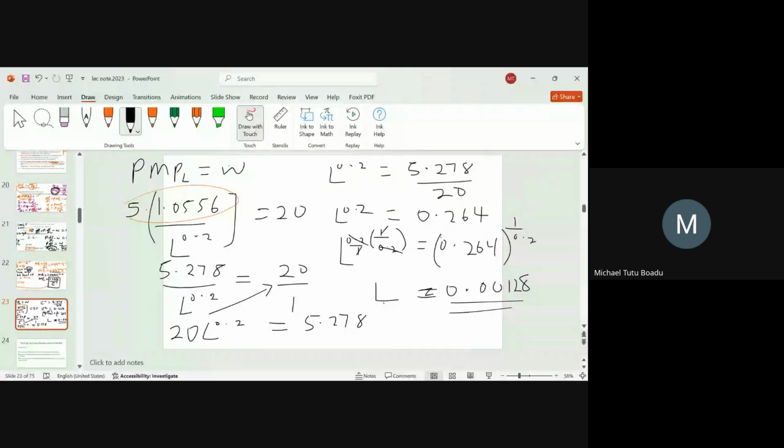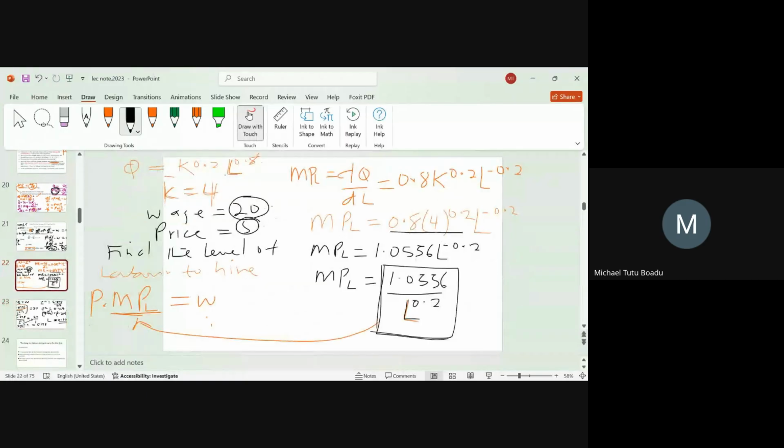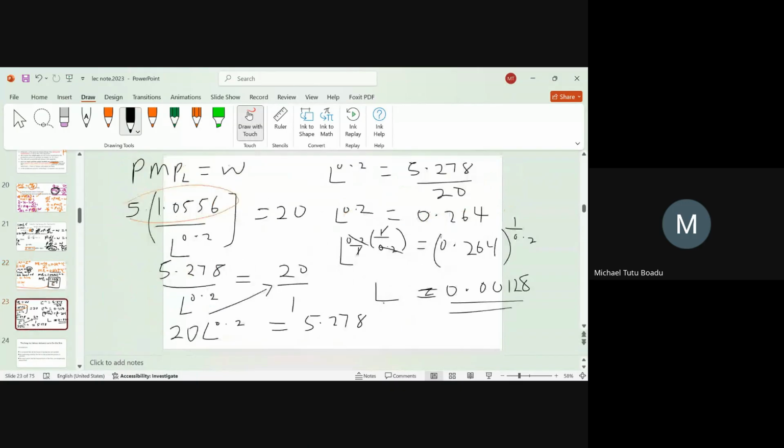Don't be bothered about the final answer, but what you have to follow are the steps indicated. So if you want to find the amount of labor that you have to hire in order to maximize your profit, or the real labor versus real wages, this is the procedure you have to go through. So this L means that the amount of labor you have to hire in order to maximize your profit is 0.00128. Like I said, don't be bothered about the final answer.